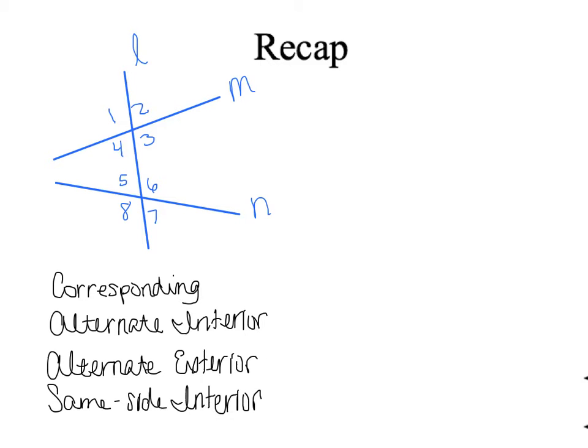So for instance, corresponding had 4 pairs. I could say one pair might be angles 2 and 6 were corresponding.